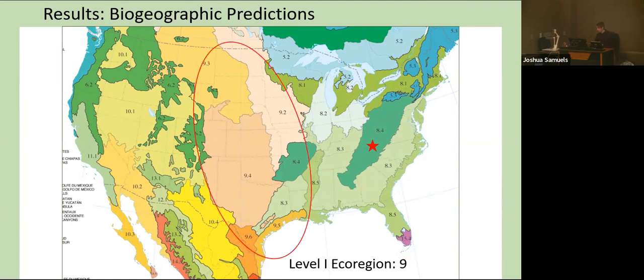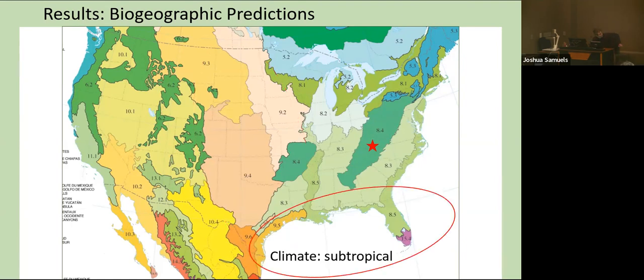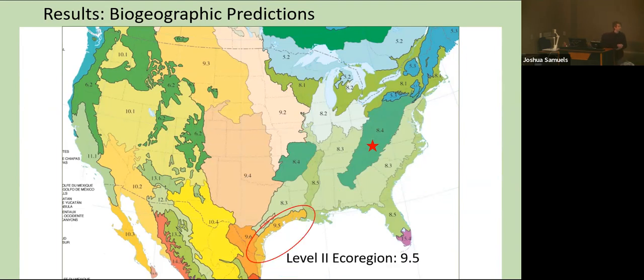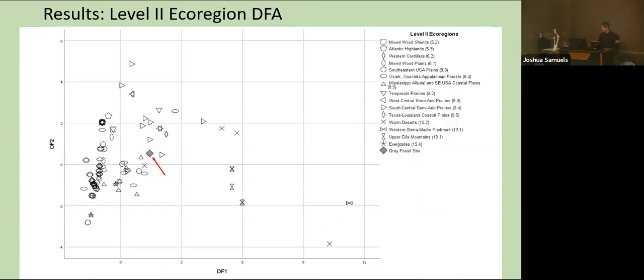And notice that there's an overlap spot right there in South Texas. And that's where the level 2 ecoregions predicted the gray fossil site would best match in that 9.5, the Texas, Louisiana Gulf Coastal Plains, all the way from Mexico by the Rio Grande up into Louisiana by the Mississippi Delta. So what we're getting from that is that the gray fossil site does resemble subtropical sites along the Gulf Coast, much further south than today.